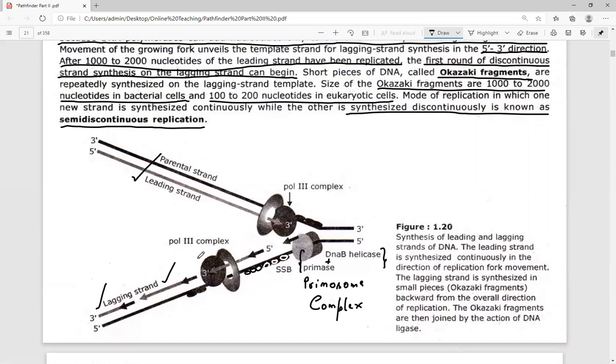Then after the SSB, the DNA polymerase is going to move in two opposite directions.